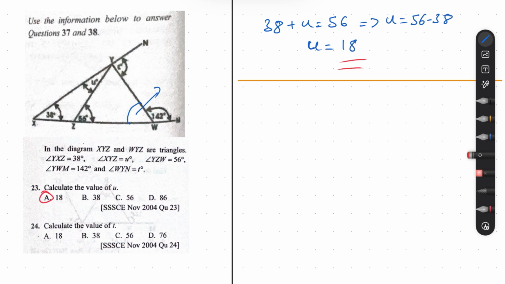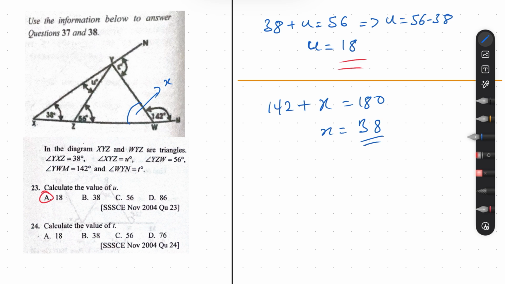As we see over here, this is a straight line. So the sum of the angles on that straight line should add up to 180. Let's call that angle x. So 142 plus x should give us 180. So x is equal to 38.